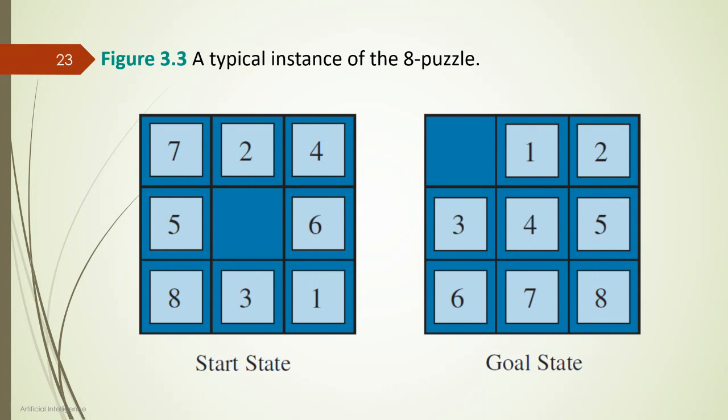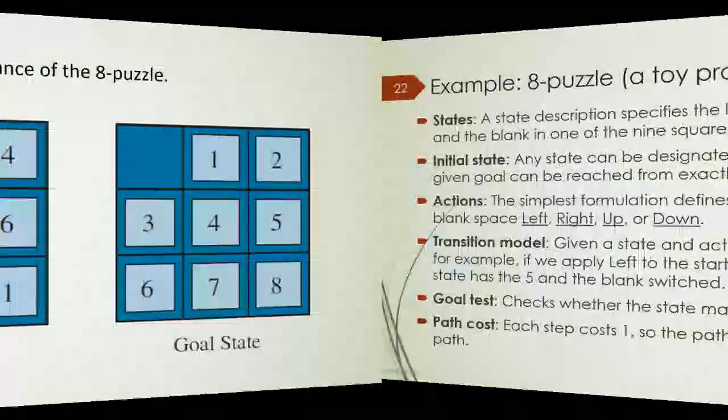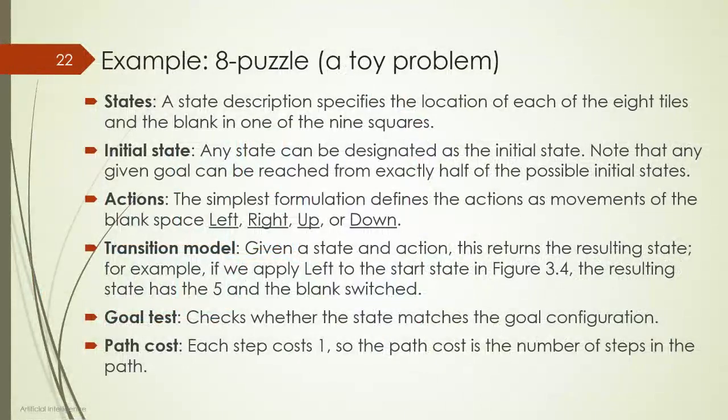But before that, I have to define my problem to run a proper search for it. So, problem. States. The state describes the location of each of the 8 tiles and the blank in one of the 9 squares.